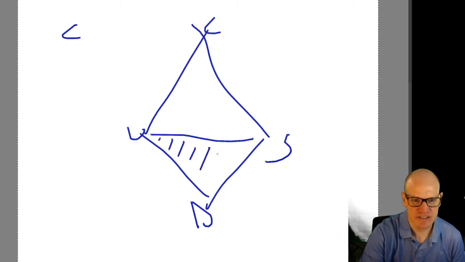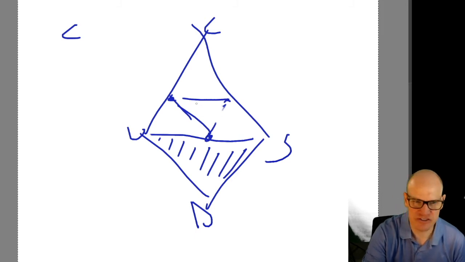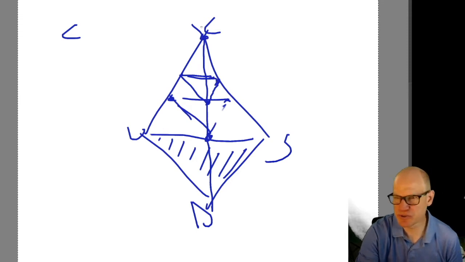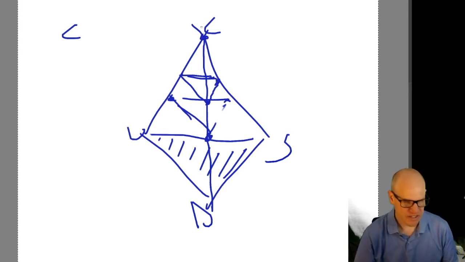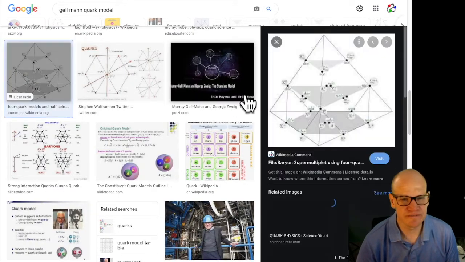So you have this triangle here, and then if you add 1 charm quark, then you get a different combination of possible particles, 1 charm quark plus any mixture of these up, down, and strange quarks. And then 2 charm quarks, and you get the same ensemble of possible combinations, and then you have a particle that's 3 charm quarks. Okay, and that showed up in this one right here.